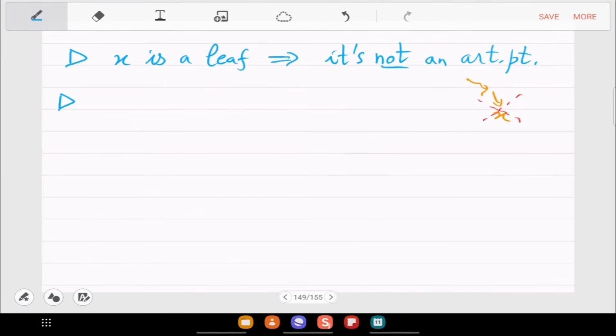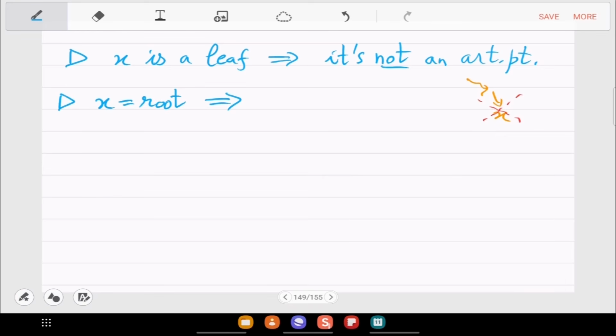Last case is X is the root. What can you say in this case? So again, the previous diagram can give you an idea. X itself is the root in that diagram. So there is no ancestor to go to. Exactly.